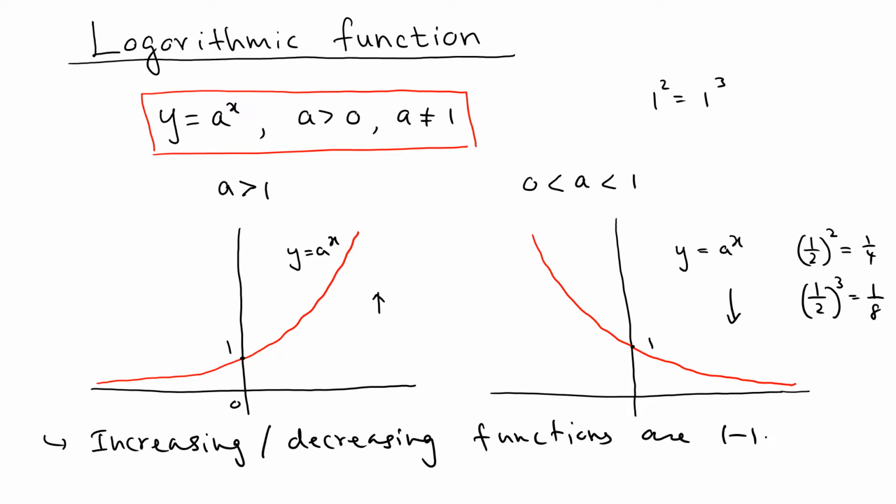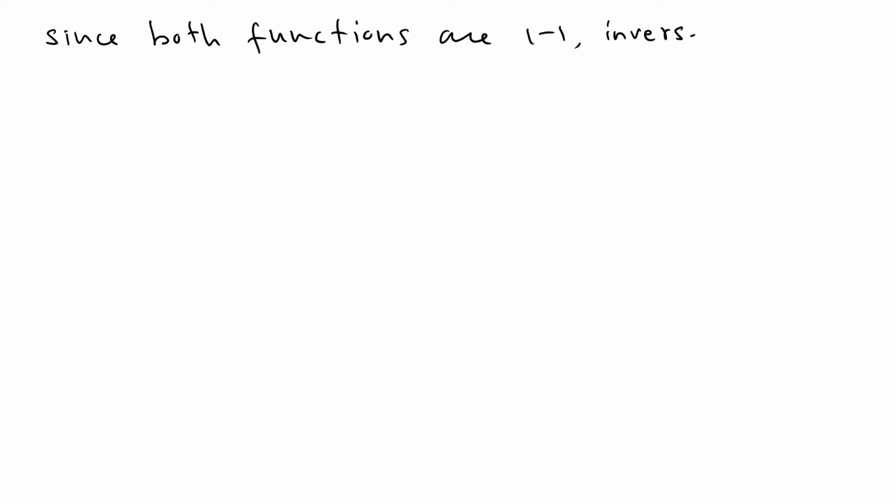So since both functions, that means for a greater than 1 and a between 0 and 1, are 1-to-1, the inverse is defined. The inverse exists.